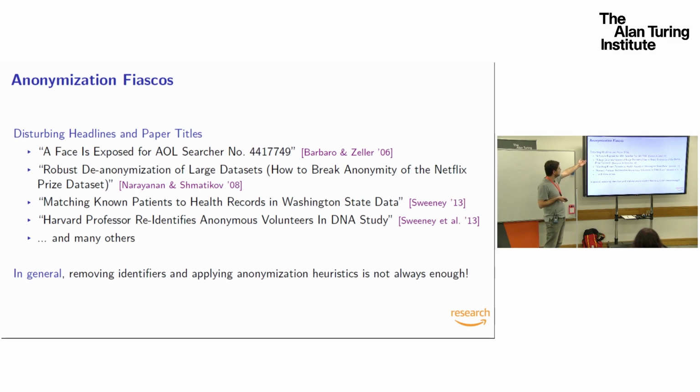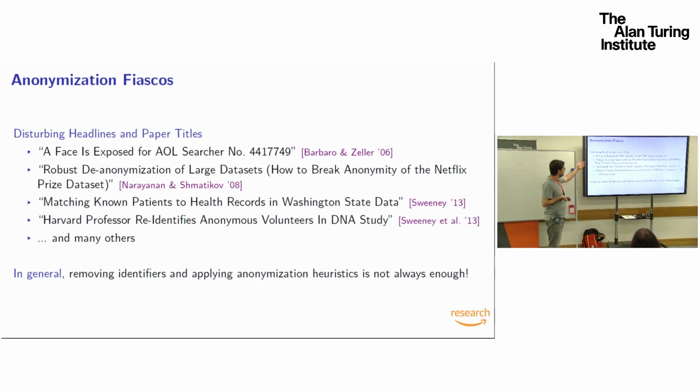Like with examples like this article in the New York Times in 2006, where AOL had released a data set with anonymized search queries of their users for researchers to try to improve their search engine.